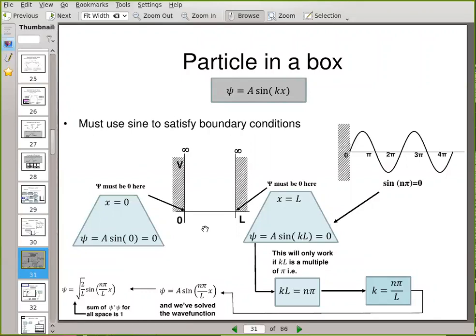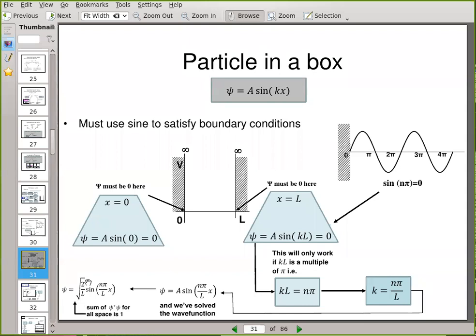You can't have a probability of 110% of finding something in a certain region. The maximum probability you can ever have is 100%. And so the integration of the sum of psi squared over all space has to be 1. And so that root 2 over L is to make sure of that, and it is called a normalization constant.